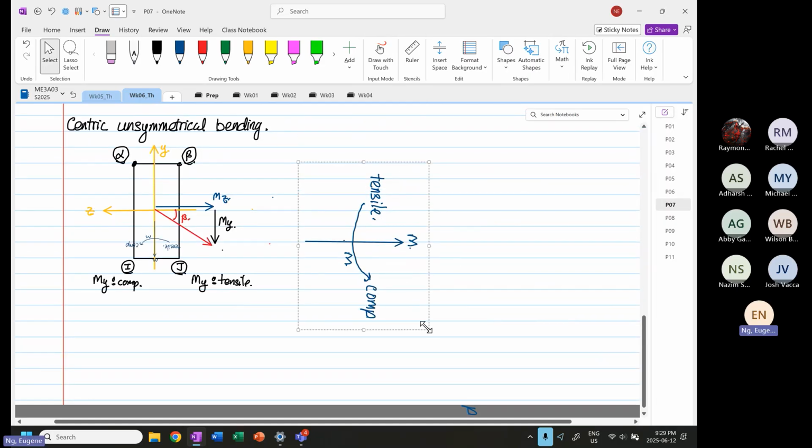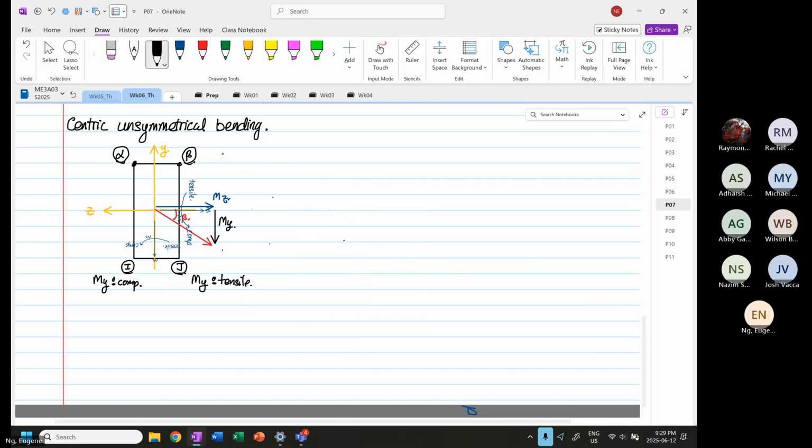And this is relative to our MZ direction, right? So MZ, this is tensile, anything on top. And MZ, this is compression, or COMP.